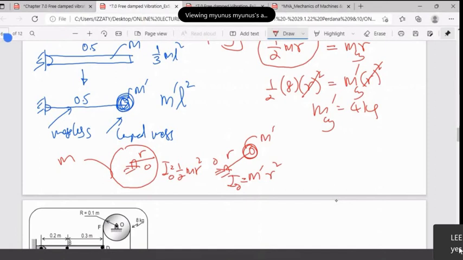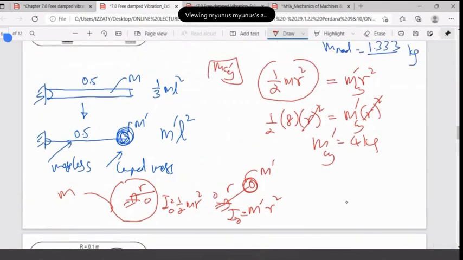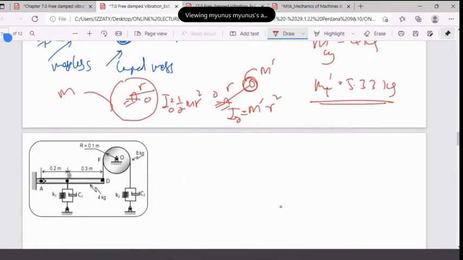Even though R is not provided, it doesn't matter as long as you keep R constant, so you can cancel both initial and equivalent. If you do this, you'll get M total prime equal to 5.33. Okay, settle.